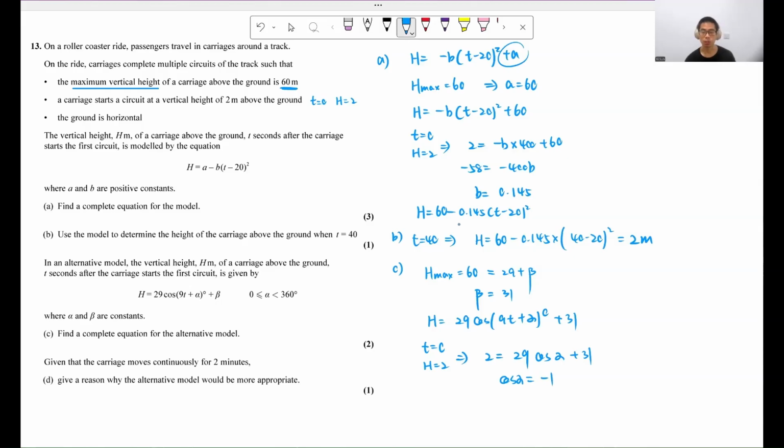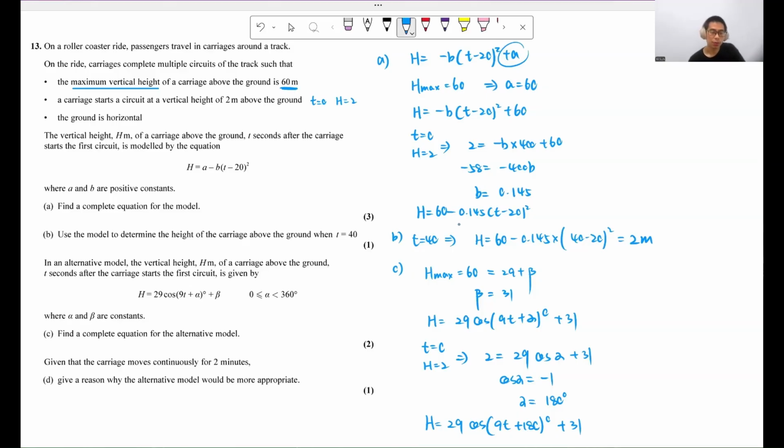If cos alpha equals negative 1, then alpha has to be equal to 180 degrees. So the equation is h equals 29 cos(90t plus 180) degrees plus 31. That would be the final complete equation.